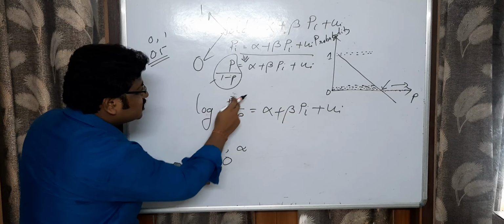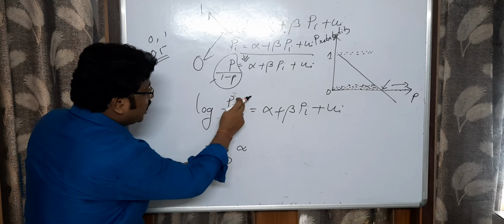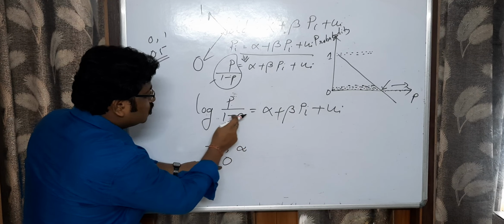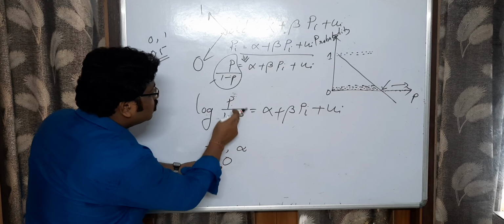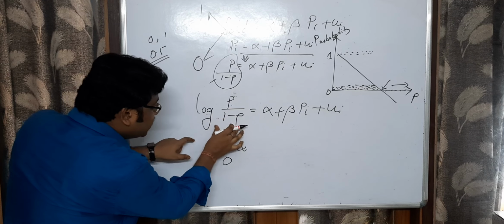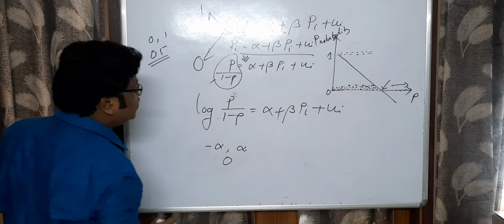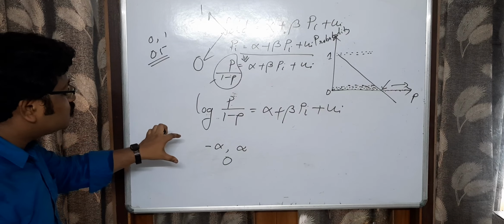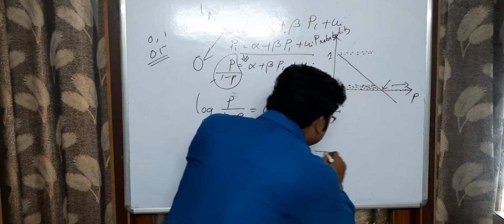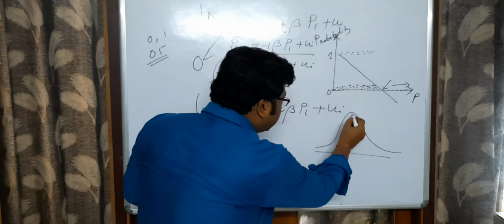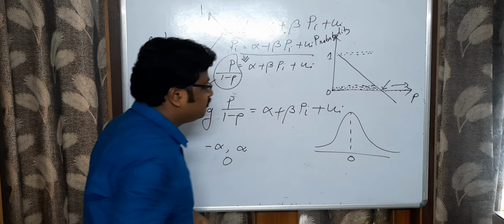Now suppose the maximum is 98%, so 98% divided by 1 minus 98%, and the log is near about 0. So the range is minus infinity to plus infinity, and the distribution looks like this, and this is the midpoint 0.